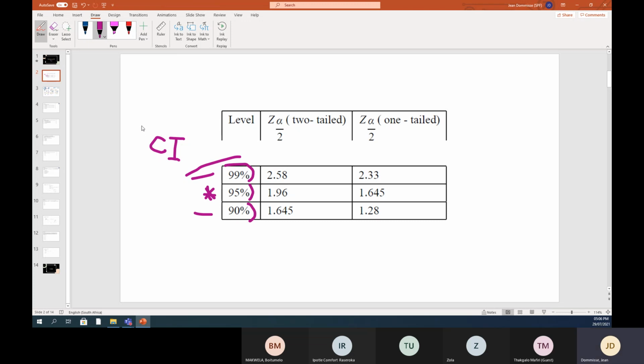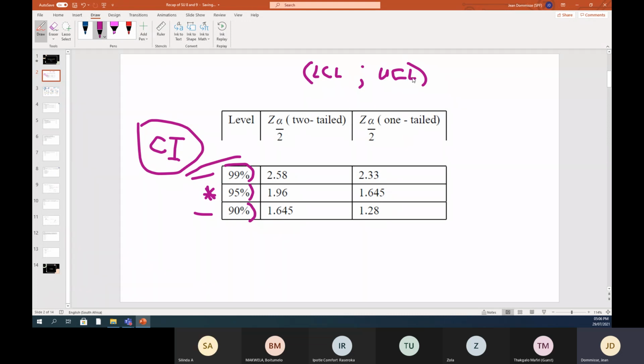So when we look at confidence interval, remember there's always a top and a bottom. So there's a lower confidence level and there's an upper confidence level. It doesn't mean that they will always ask you to work out both, but if they ask you to work out both, there's a lower and there's an upper.